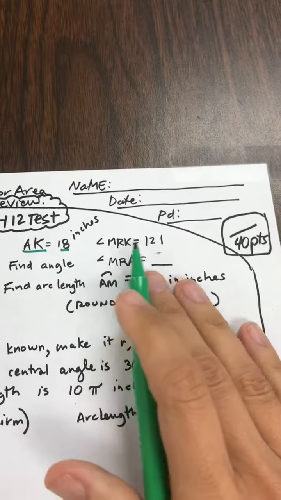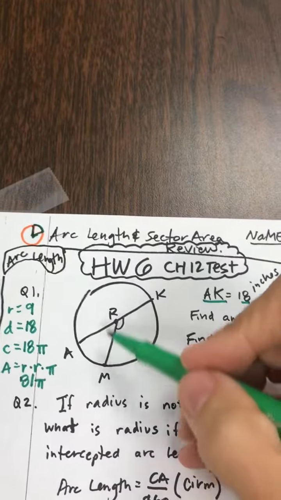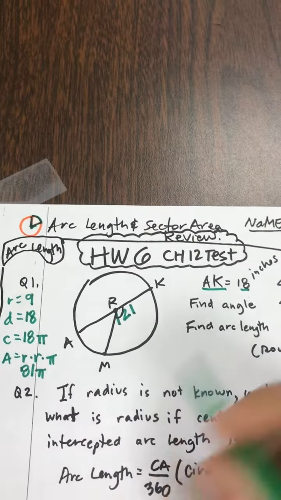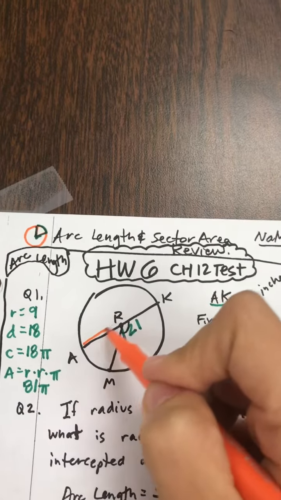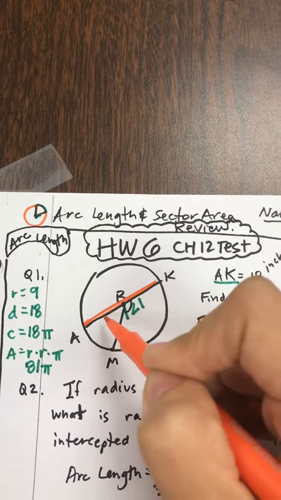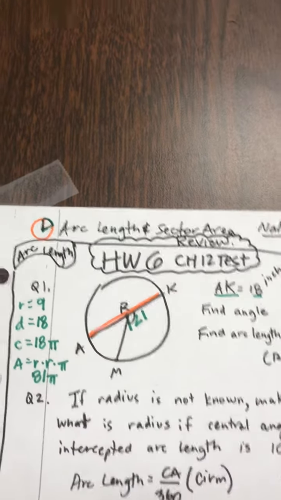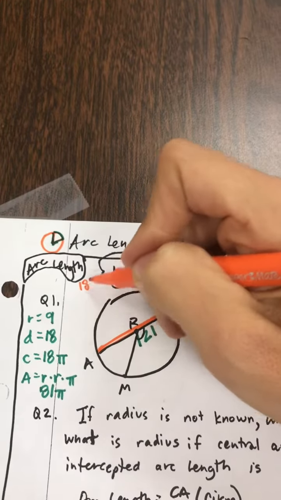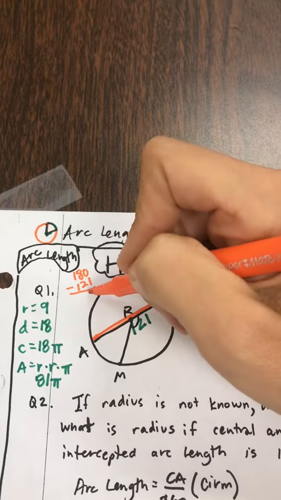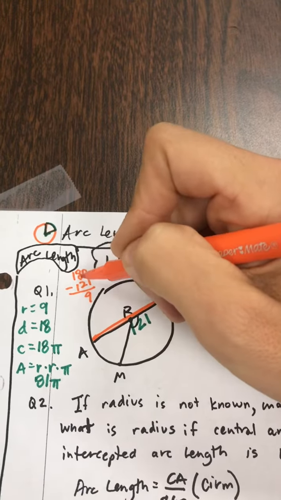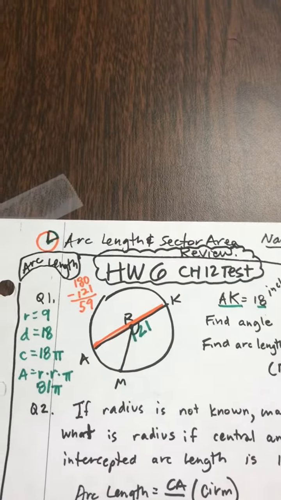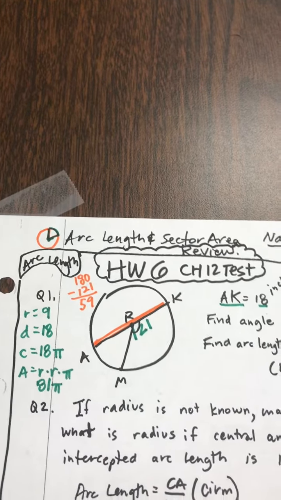So it says angle MRK is 121. Noticing that the measurement of this straight angle is 180 degrees. So if you know that, kind of working backwards, that 180, if I take away that part, I'd get, all right, let me just double check my work there. 59.